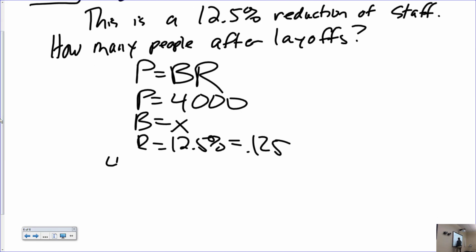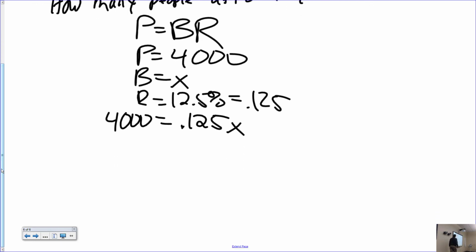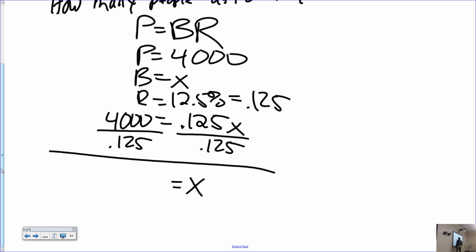For me, I'm going to say 4,000 equals 0.125x and solve for x to show me where I was at the beginning, right, before the layoffs. Take 4,000, divide by 0.125. There were 32,000 people originally.